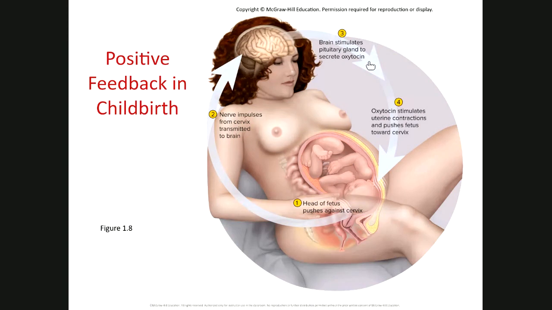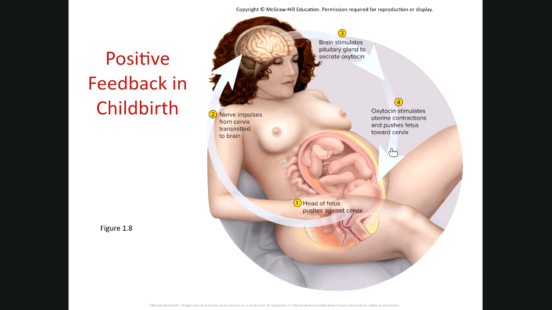So oxytocin is released from the pituitary gland, and it is sent along down the efferent pathway. This is considered output from the pituitary gland along the efferent pathway down to the effector. What's the effector going to be in this case? The effector is going to be smooth muscle. You need to know this.